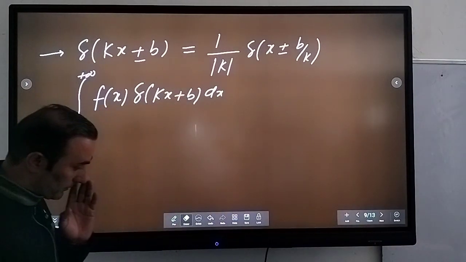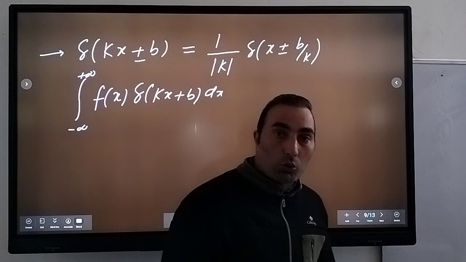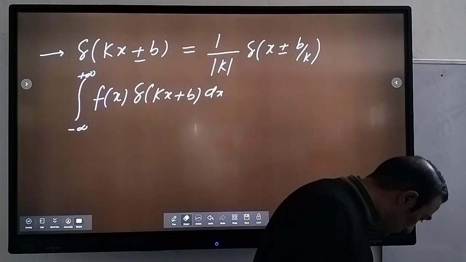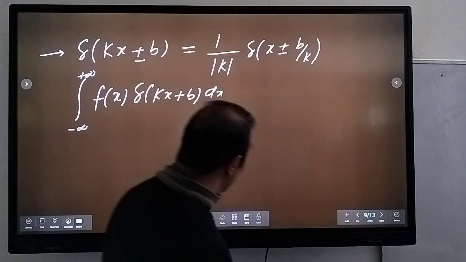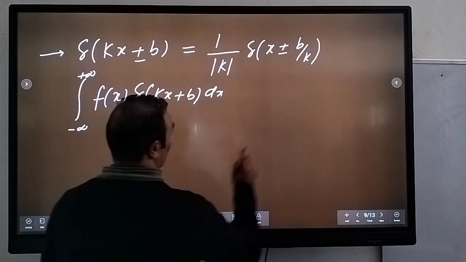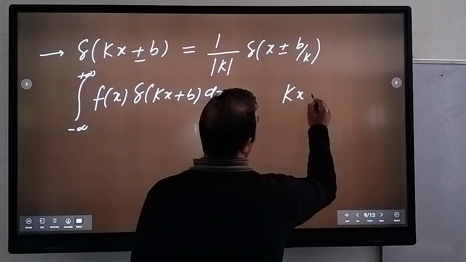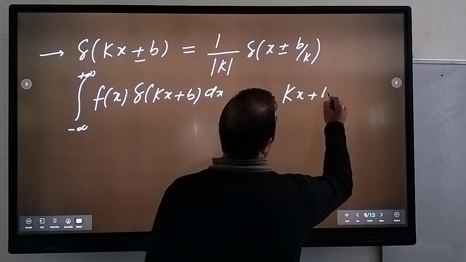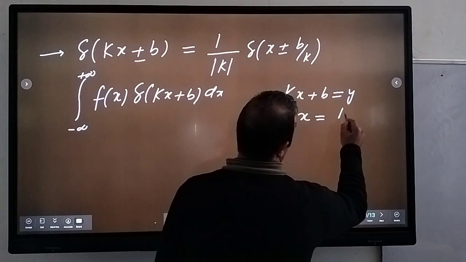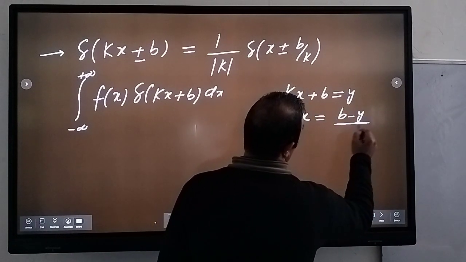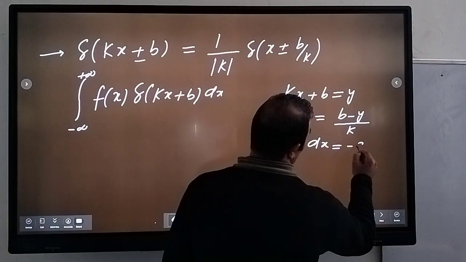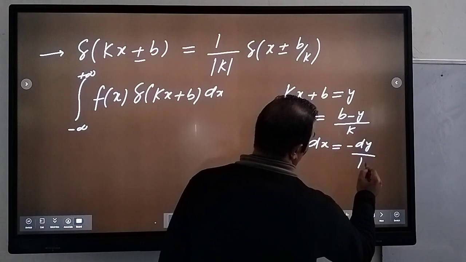Now you do a substitution, kx plus b equal to some y value, so x will be equal to (y minus b) by k, and dx will be equal to dy by k.